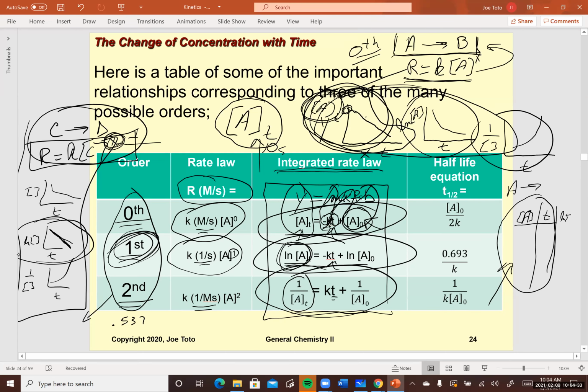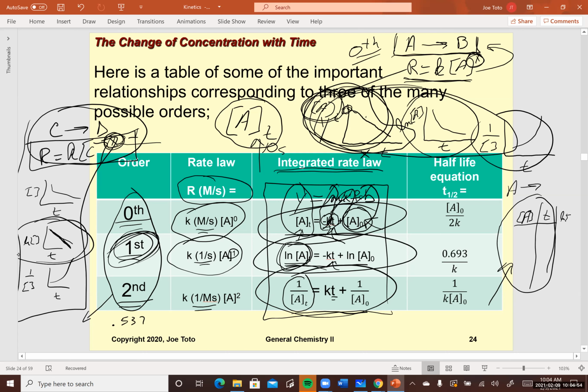So you have to think about it, work with it, and know it, because you're going to be given some reaction and you don't know the order. But now you have 2 different ways to determine that order. The last few conversations, we used experiments.